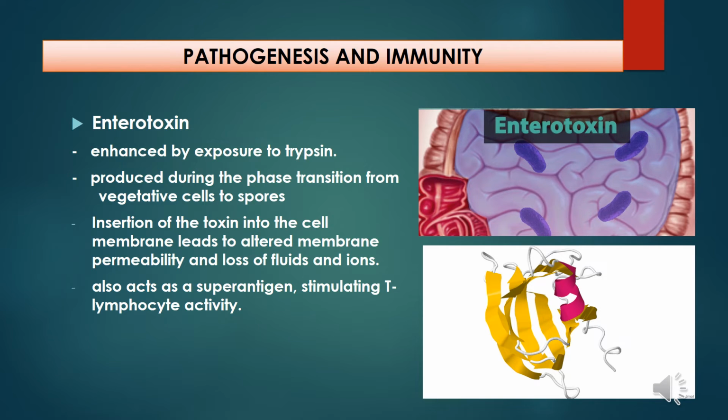This cell death results in intestinal damage that causes fluid and electrolyte loss. The CPE is now being explored for translational applications, including cancer therapy or diagnosis, drug delivery, and vaccination.